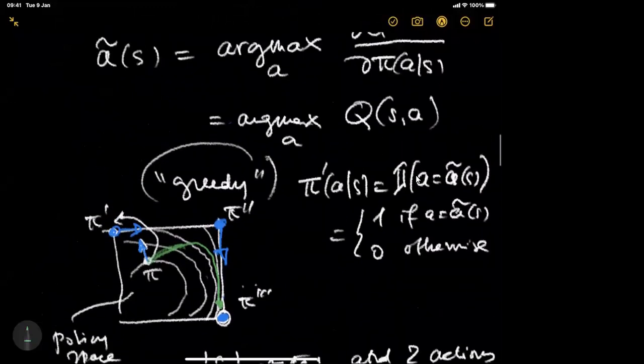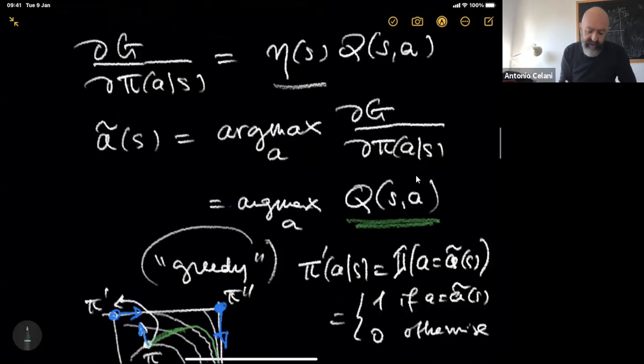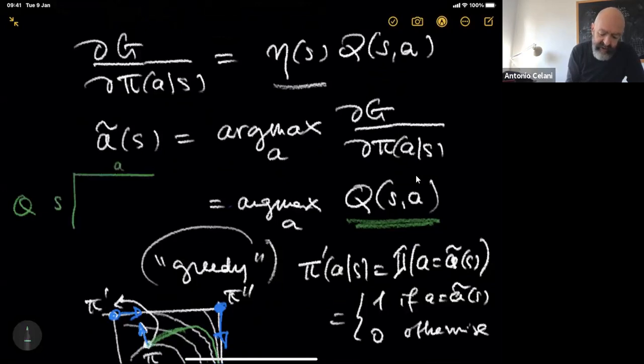So this choice corresponds to picking the column in the Q matrix which has the largest entry. Given a row labeled by a state, for each row we pick the column which corresponds to an action which has the largest entry, and this defines our A tilde of S. So in our Q matrix, which is made of states and actions, for every state we run through the values of this Q and identify the one which has the largest entry.